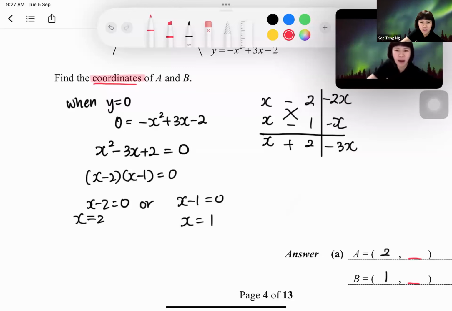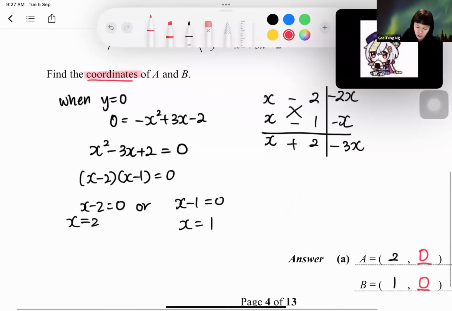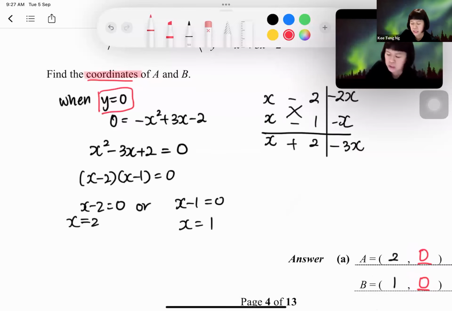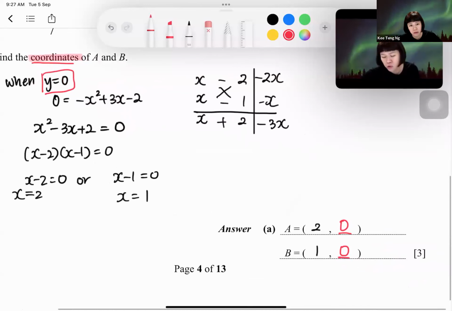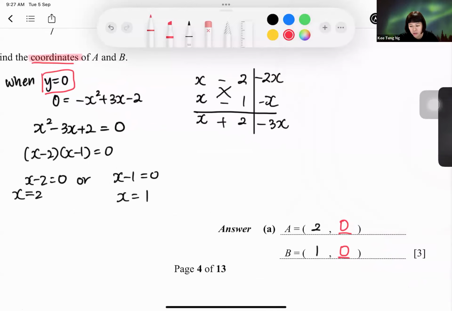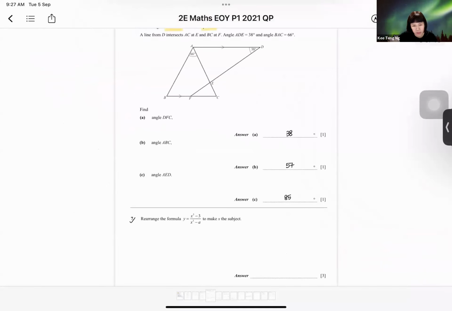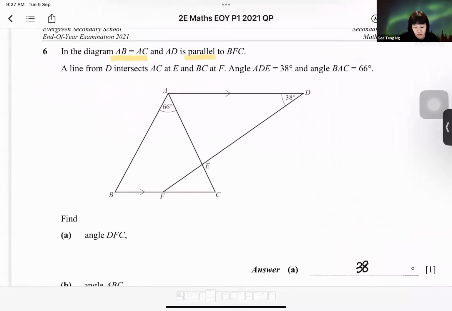Yes, correct, because remember, we plug y equals to 0 into our equation. For this kind of question, 3 marks, you must take the 3 marks. You cannot afford to make any common mistakes, unless you really factorize wrongly, and that would be very sad. This question is simple and straightforward, because it's still in paper 1, not paper 2 yet.